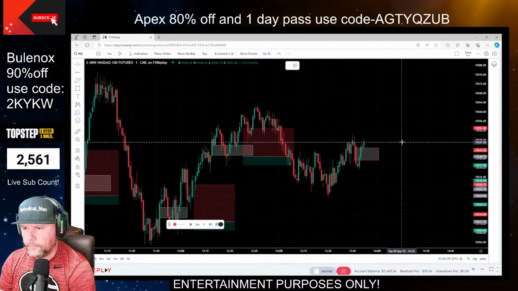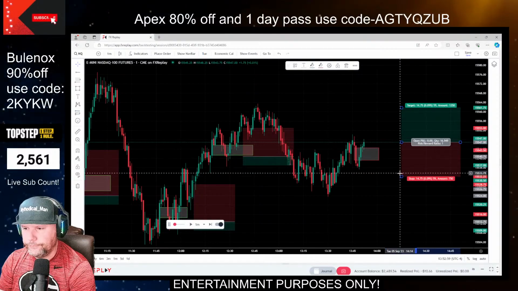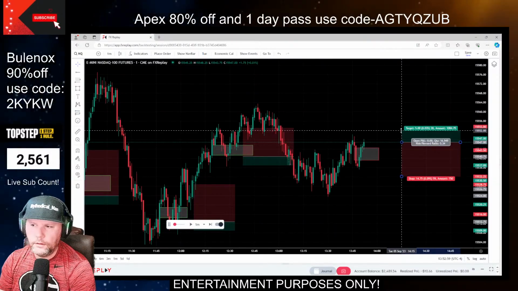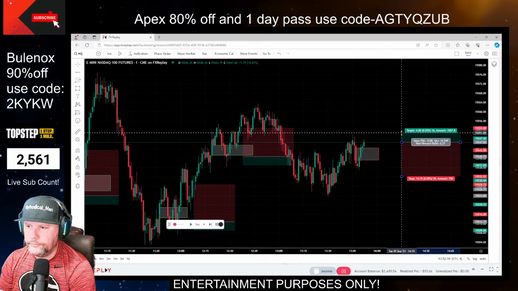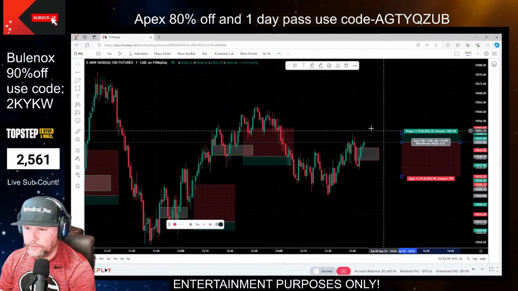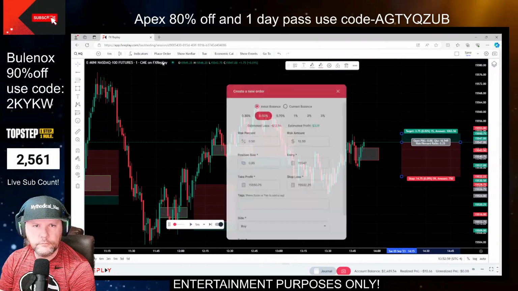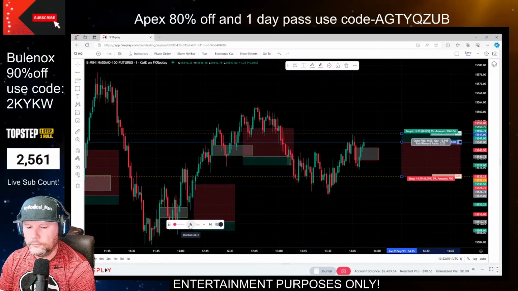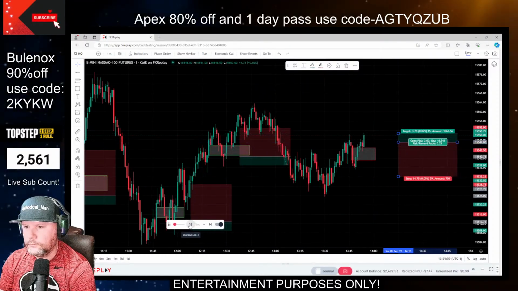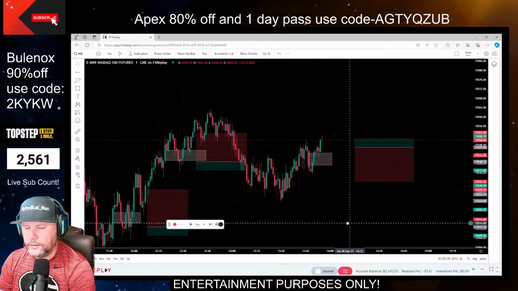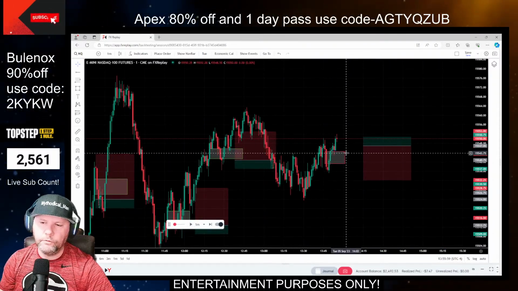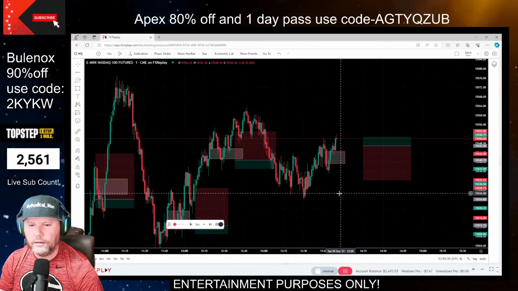I was thinking about trying to take a pullback entry on this one, but it's all right. All right, so that one worked quickly. It's the thing, you want them to work quickly. I'm applying the same rules, so if it closes back below, I just take it off.